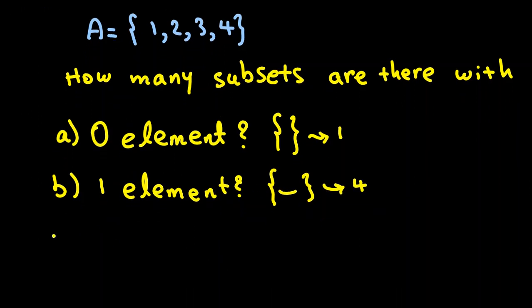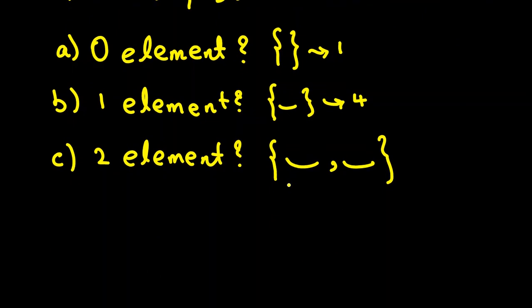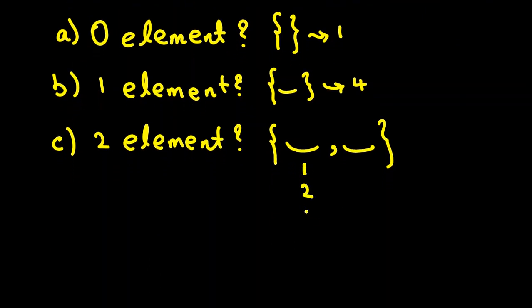Part C will be a little harder, and we want to learn the idea. You say, okay, I should select 2 elements. The elements are each of 1, 2, 3, 4. The first element has 4 cases, times the second element: for example, if you select 2 here, you can't select 2 again, so it will be 1, 3, 4, which is 3 cases.